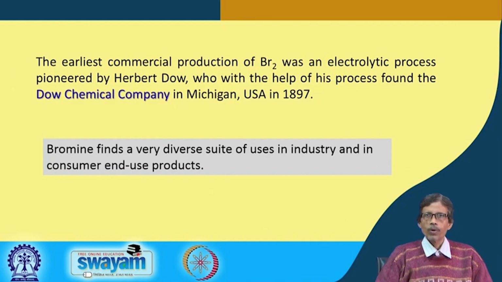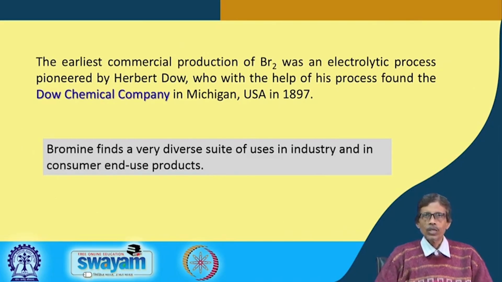The consumer products we use in our day-to-day life can sometimes be brominated compounds. The pharmaceutical industry, the drug and medicine industry, they are using bromine as a compound, which we will see afterwards, and it can also be a very useful material for end-use products where bromine is present in different useful molecules or polymers or different types of materials.